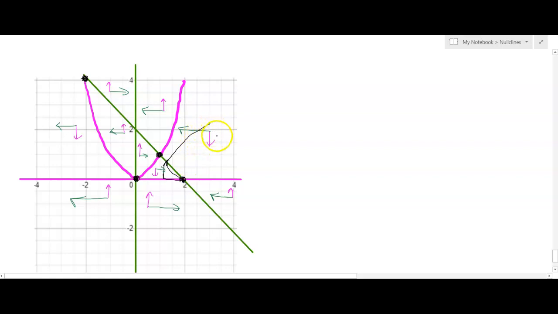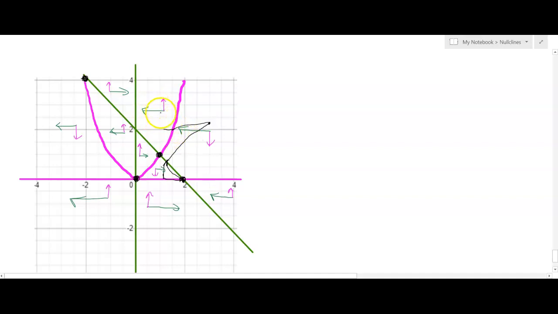Now another possibility, of course, is that that point comes in and hits this Nullcline first. That's a y Nullcline. You see arrows point down below this, and they point up above this. So since it's a y Nullcline, that means this point cannot go upward, but all the dx/dt say that it will point right, so it'll break through there.